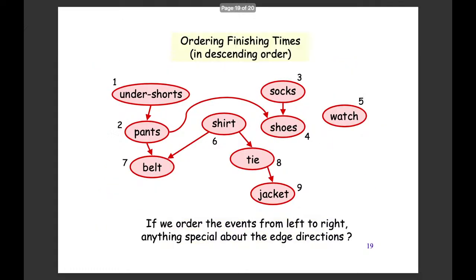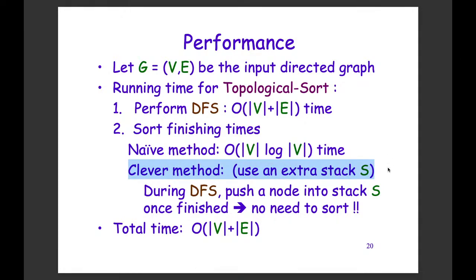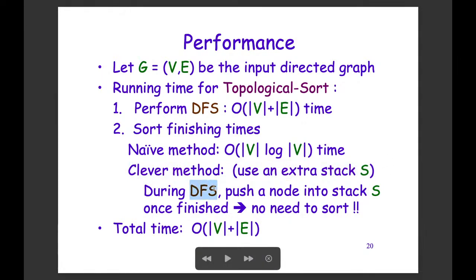We just need to have a stack to help us. Okay, clever method. This is what we do: we use an extra stack to help. So whenever the DFS algorithm finishes a certain node, we put it onto the stack.